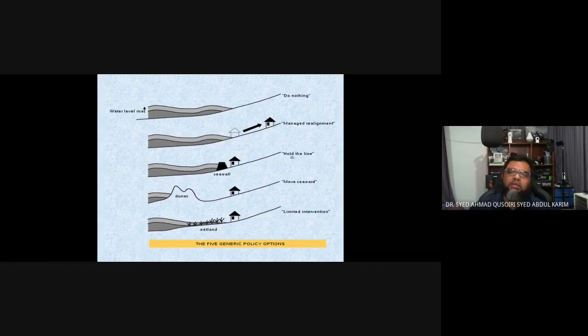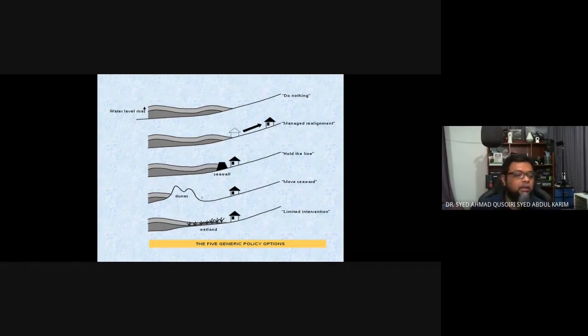Third is to hold the line, meaning that we will build a sea protection where the structure is presently located as the sea continues to rise. Fourth is to move seawards, meaning that we will build our sea protection into the sea, towards the sea.